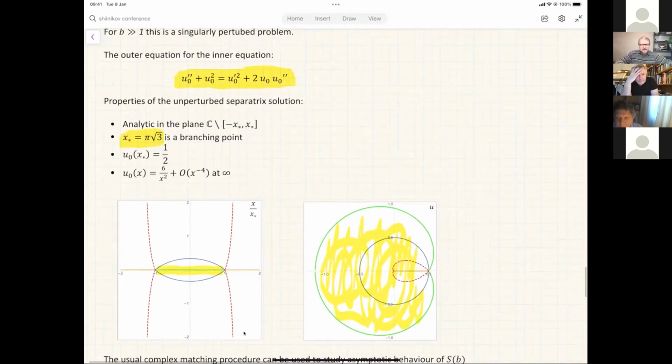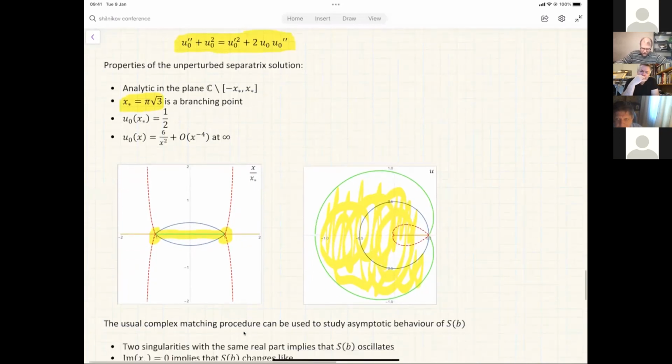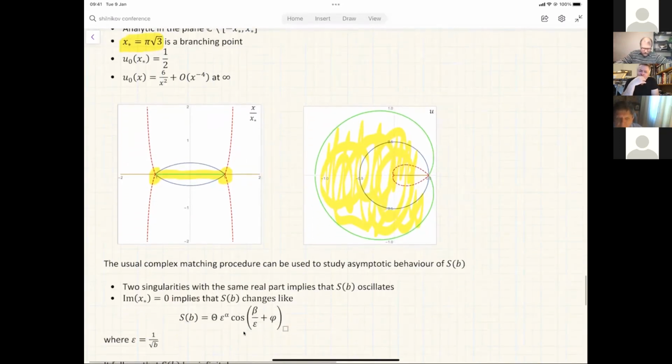That also has a property that there are two singularities with the same imaginary part, here and here, and that implies that the behavior of the asymptotic will be oscillative.